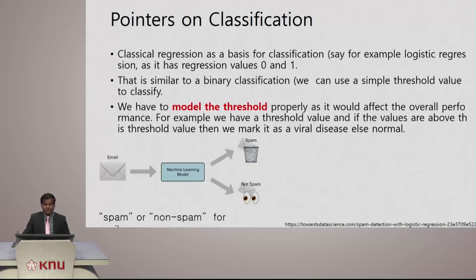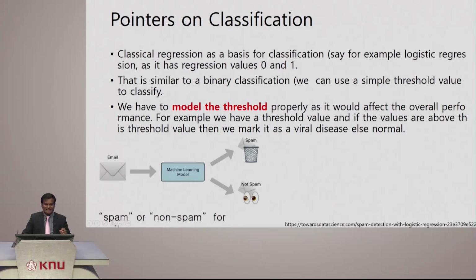Let's move into classification. We are going to see some examples of how this is done. Here we see a classical example of a classifier. As you can see, when you have an email coming in, we can use a simple machine learning model. In this case, we can use a simple classifier which can classify this input email as spam or not spam.